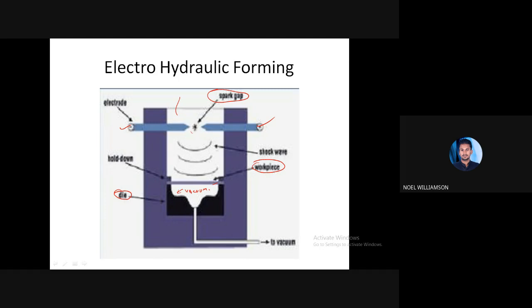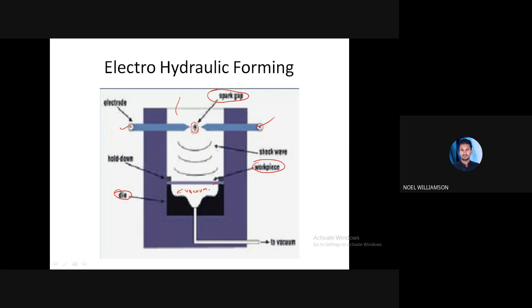As the electric spark is generated, it creates a rise in temperature, and the transfer medium gets vaporized.